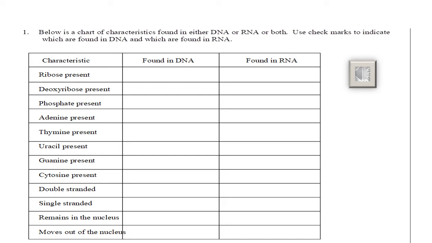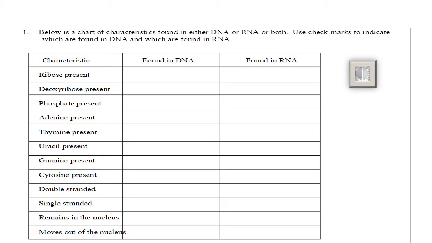Phosphate. We know DNA and RNA are nucleic acids, and they have nucleotides. All nucleotides have the same phosphate group and sugar, and they differ in nitrogen bases. DNA and RNA both have a phosphate group, so phosphate is present in both.